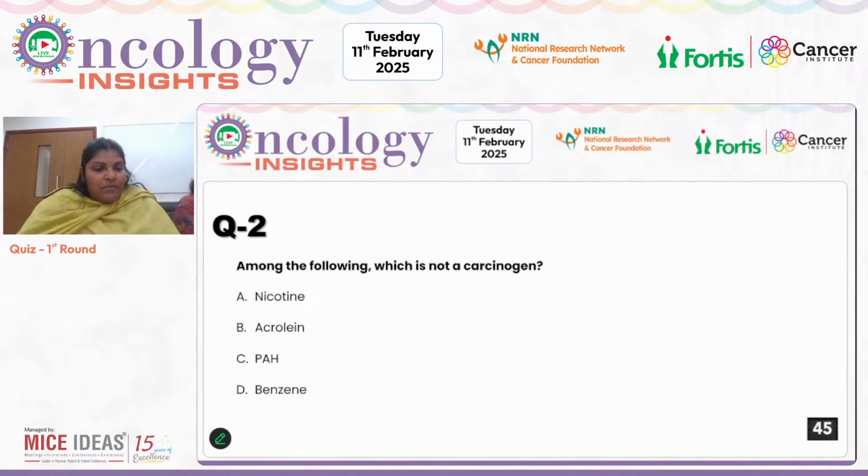Next question, question number 2. Among the following, which is not a carcinogen? Option A, nicotine. Option B, acrolein. Option C, PAH. And option D, benzene.